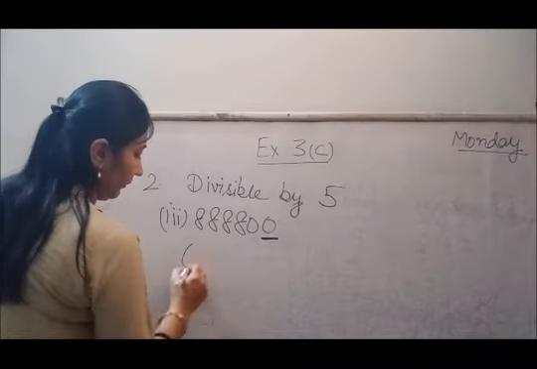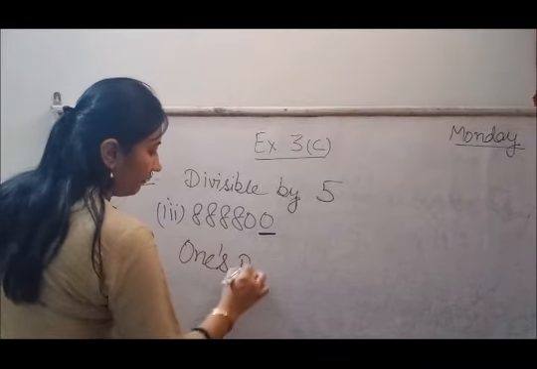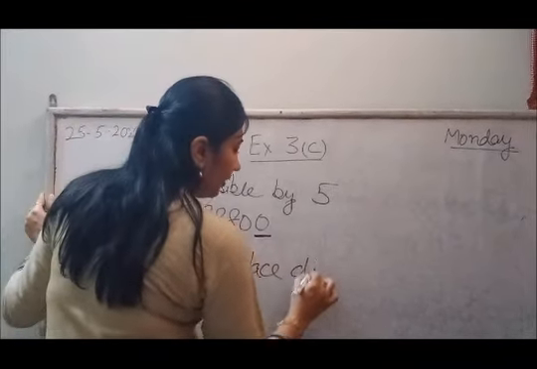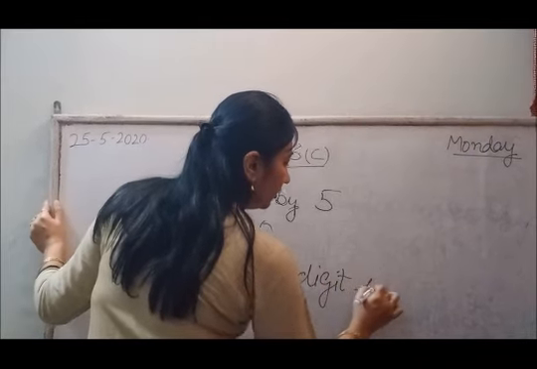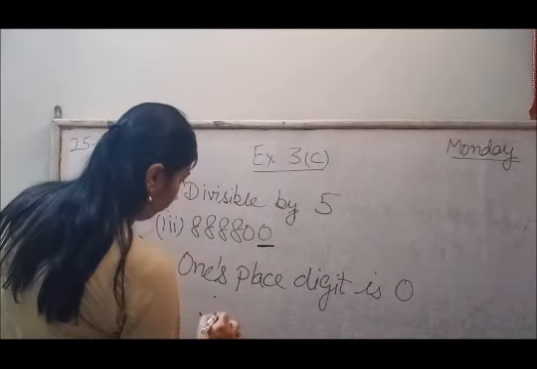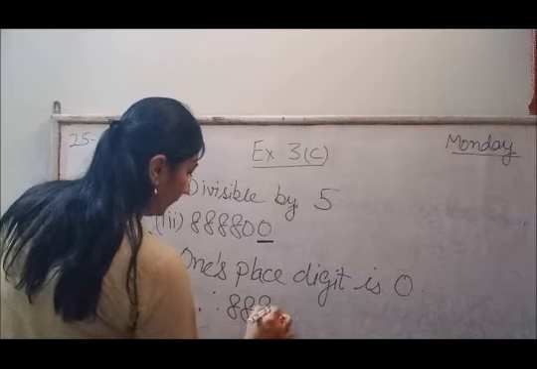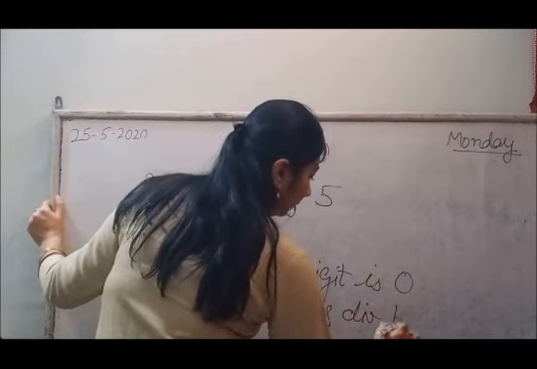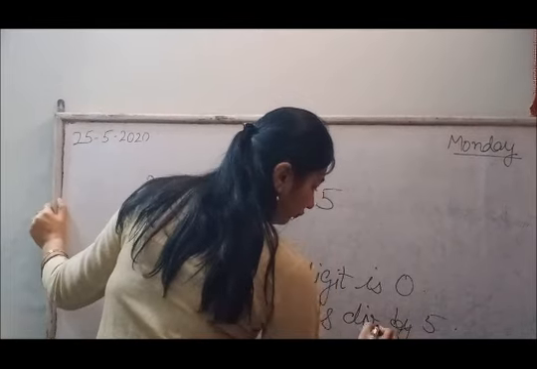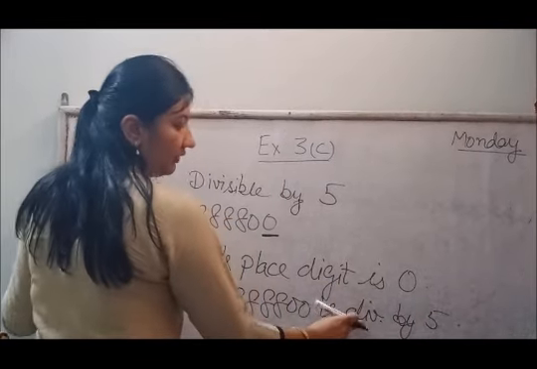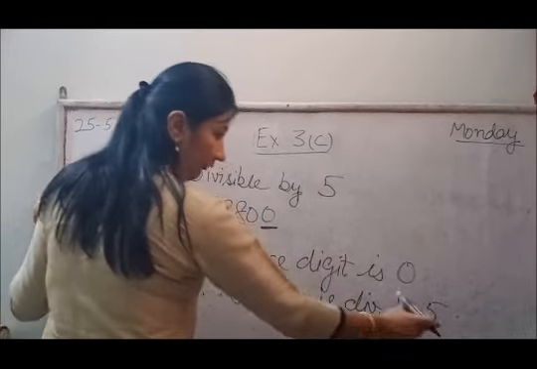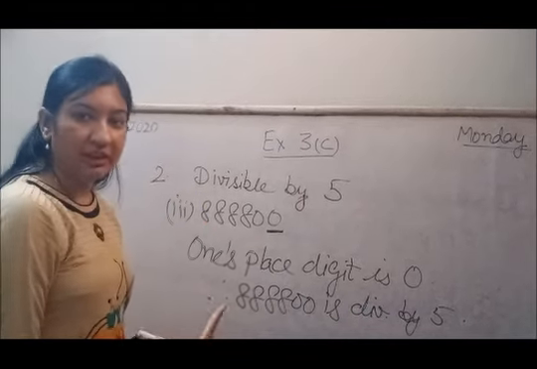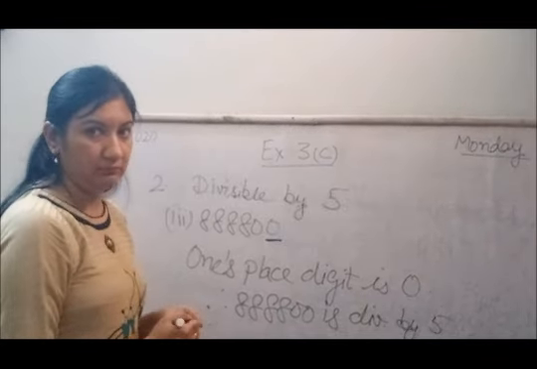How will you write it? Again, ones place digit is 0. Therefore, this number is divisible by 5. I am using a short form of divisible. Similarly, you will solve the rest of the parts of this sum.